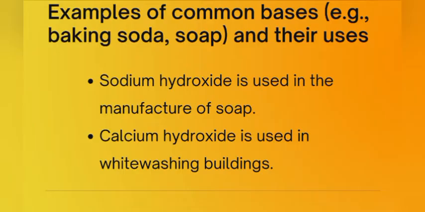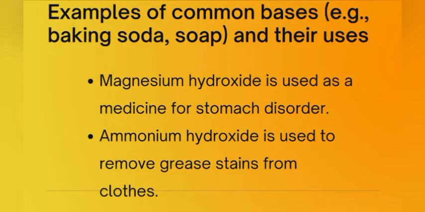All right. What are the examples of bases and their uses? We have sodium hydroxide. Just as I've said, sodium hydroxide is used in the manufacture of soap. That's NaOH. You have your calcium hydroxide, Ca(OH)2, which is used in whitewashing buildings. And also your magnesium hydroxide is used as a medicine for stomach disorder. You know, some of us take Mistmag whenever we have stomach trouble.